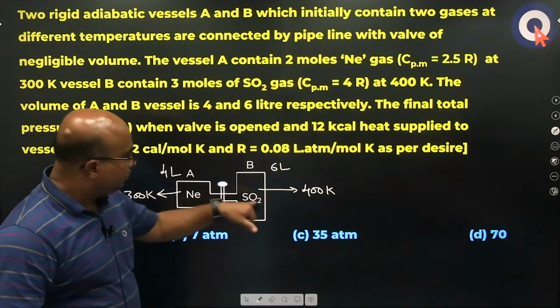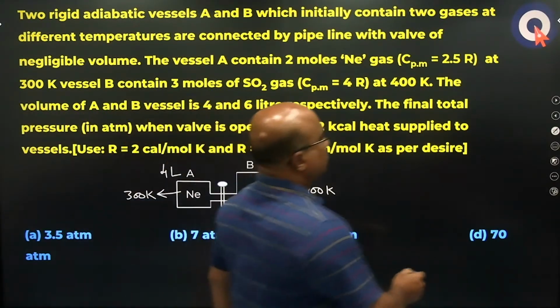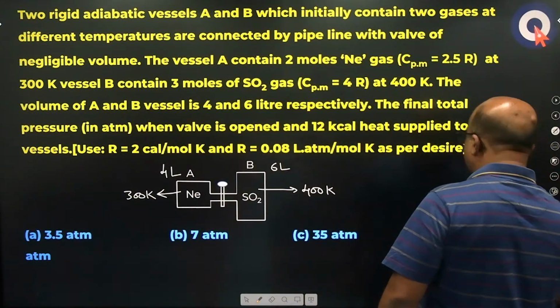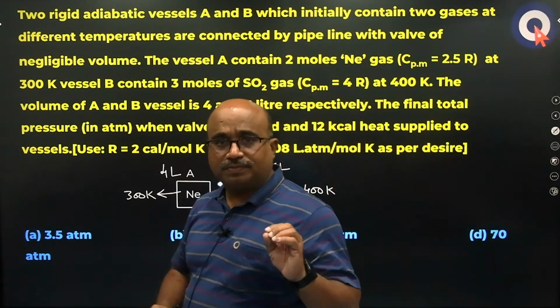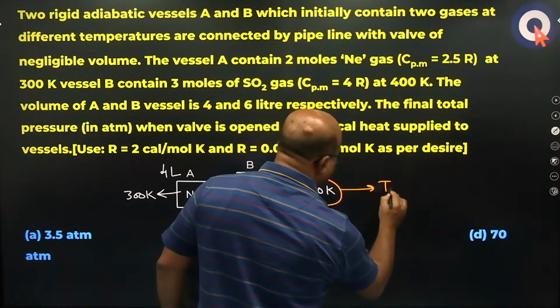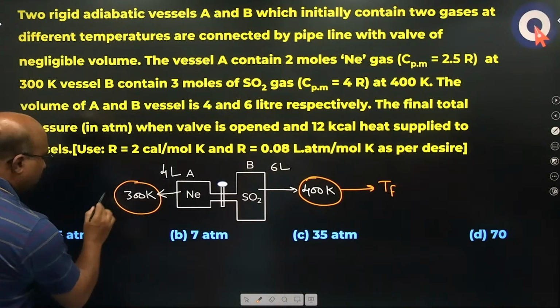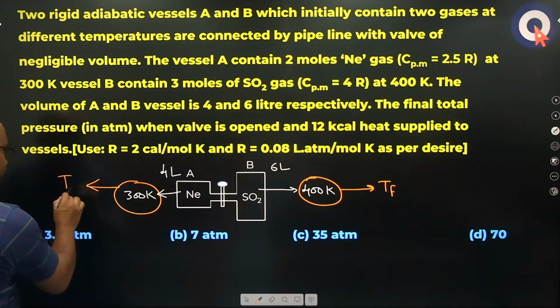Both will reach the same final temperature. From 400 Kelvin it will reach TF, the final temperature. From 300 Kelvin it will reach the final temperature TF.